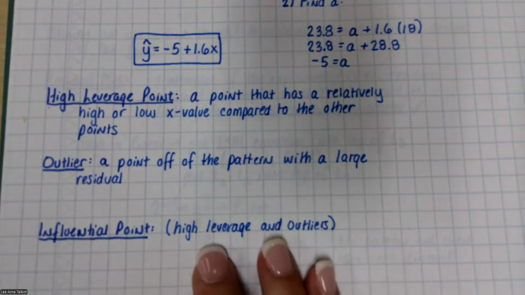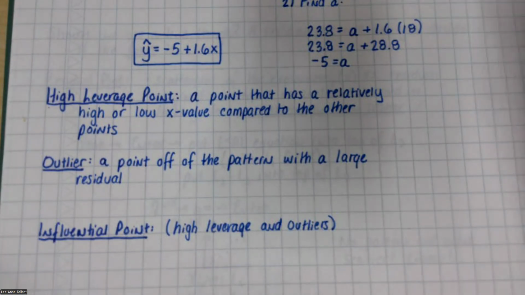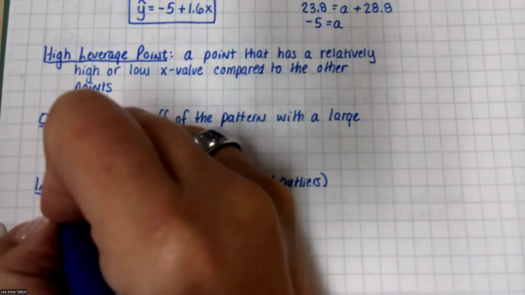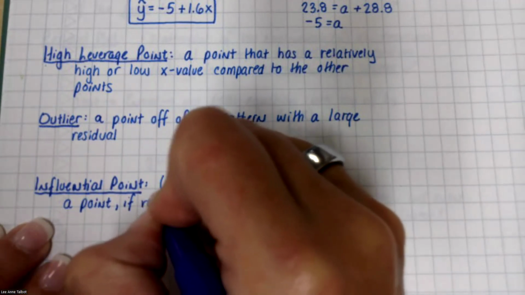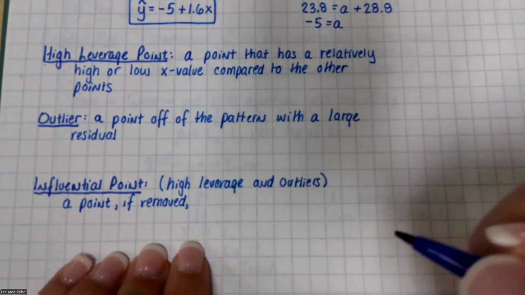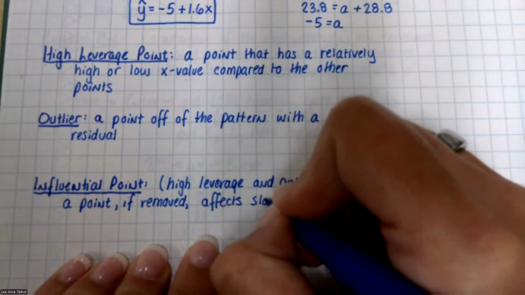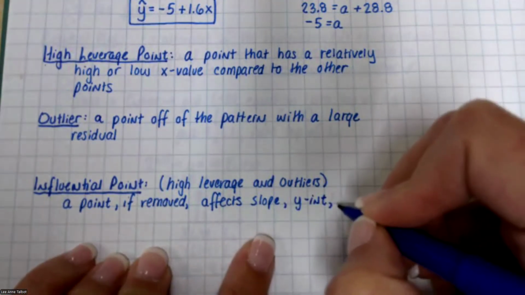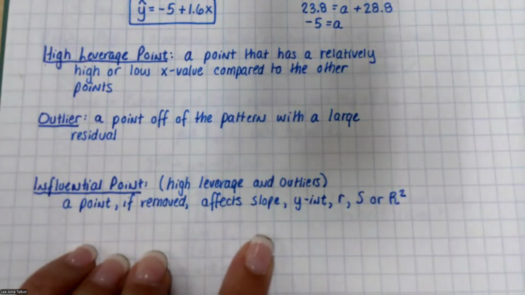High leverage points and outliers are both examples of influential points. That's not the definition of an influential point, but they are both influential points. The definition is a point, if removed, and now you're going to be able to see why I wanted to do this on Desmos, a point, if removed, affects slope, y-intercept, r, s, or r squared.